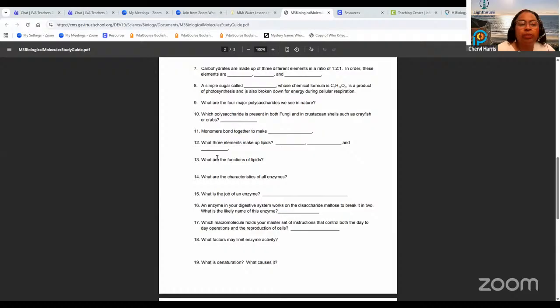All right, there's another question for number 10, the one that we can't think of. It's called chitin. Chitin is what is in the shells of sea fish, and that is a polysaccharide.